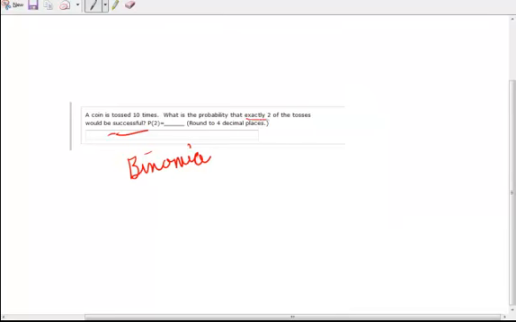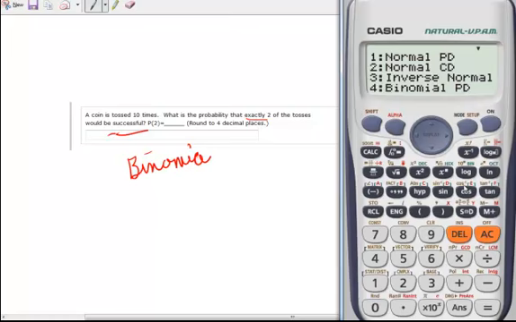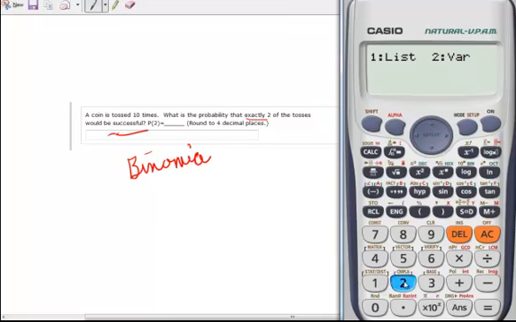Since it says exactly, we're going to want the point distribution, which is number 4, and we're going to use the variable. Our value of x, we want 2 choices. How many different tosses are there? There are 10.